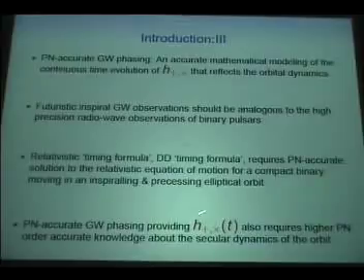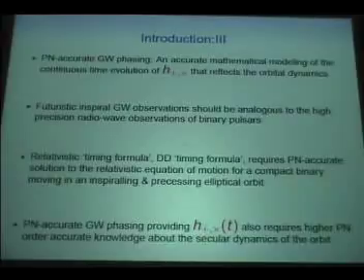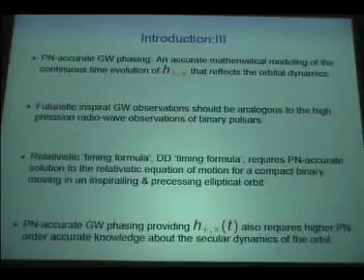And in the timing formula, what you require is a solution of the relativistic equations of motion for 2-point objects in an eccentric orbit. Okay, and then with that solution, you can actually predict the observation of pulses from a binary pulsar or double pulsar.